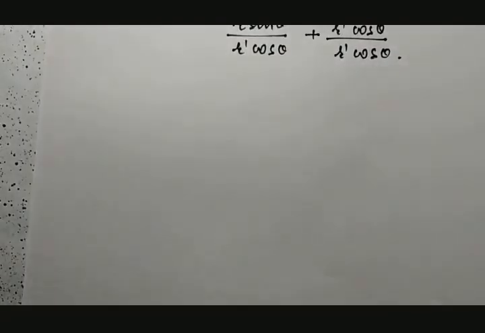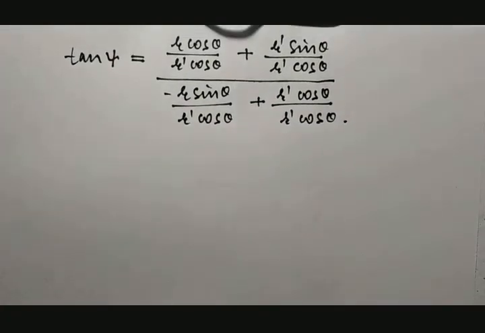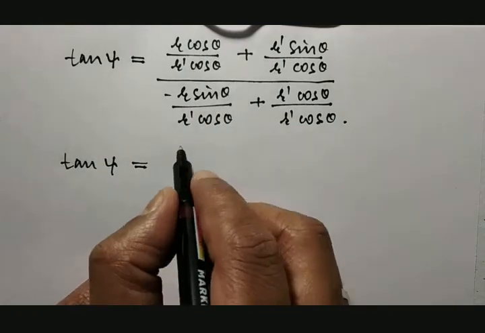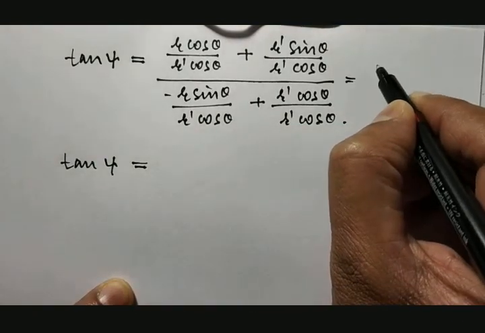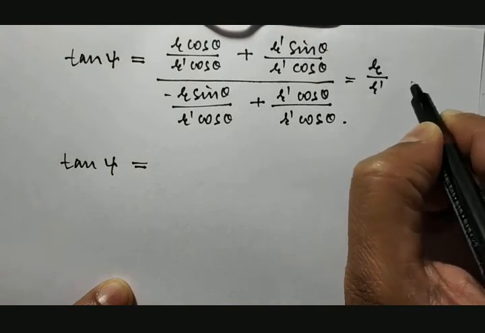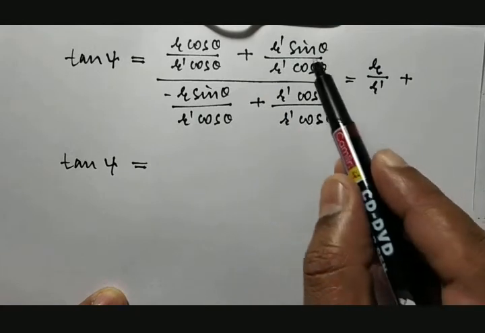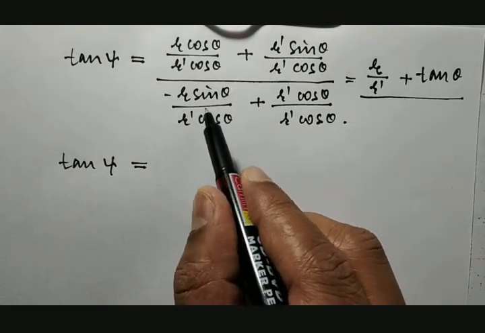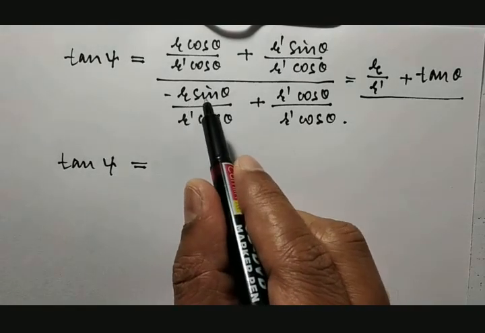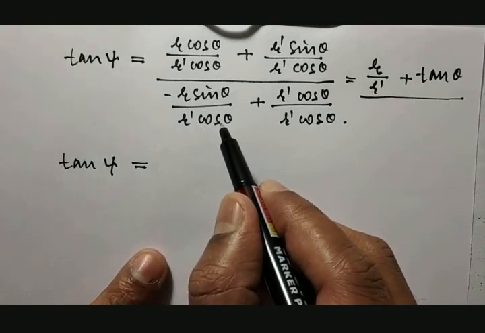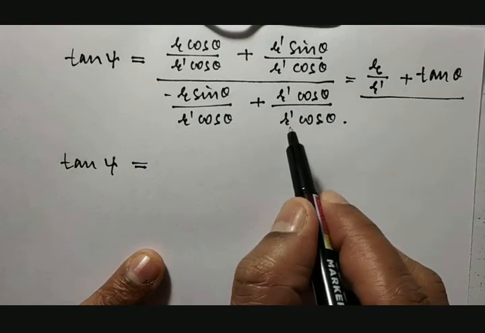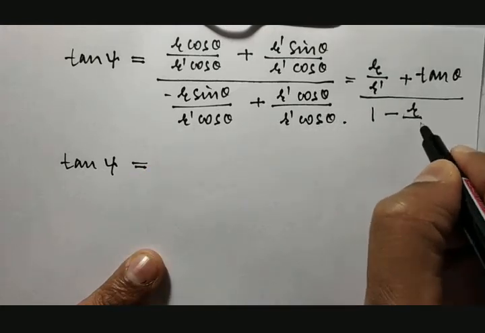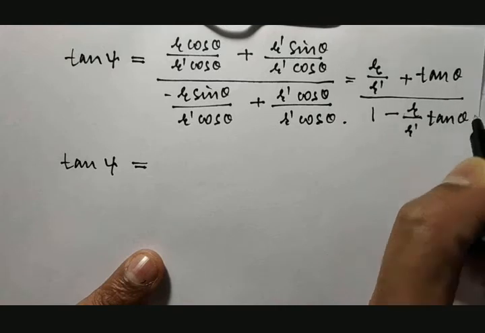Therefore, here you can see cos gets cancelled, so it is r divided by r dash plus, r dash gets cancelled, then sin by cos is tan, so tan theta, divided by, here sin theta by cos theta is tan theta, and r dash cos theta divided by r dash cos theta gets cancelled, so 1 minus r divided by r dash into tan theta.